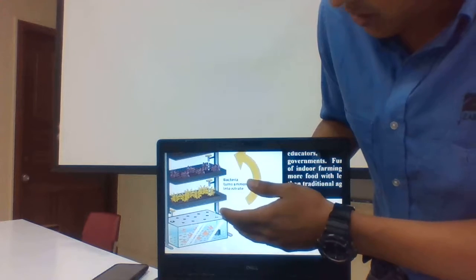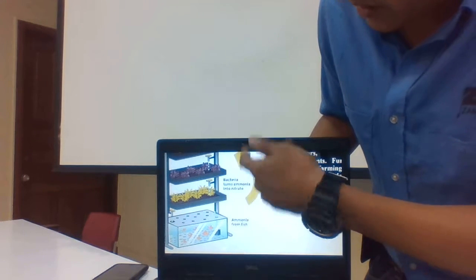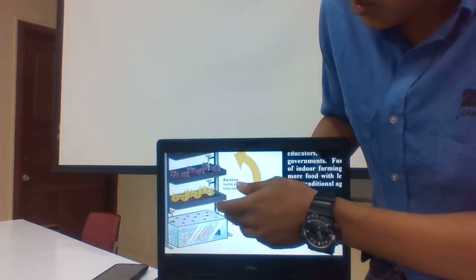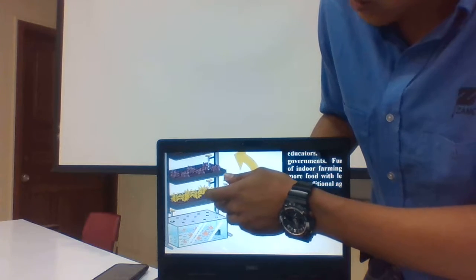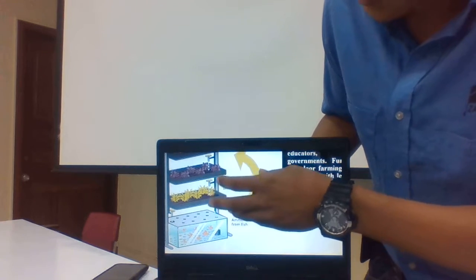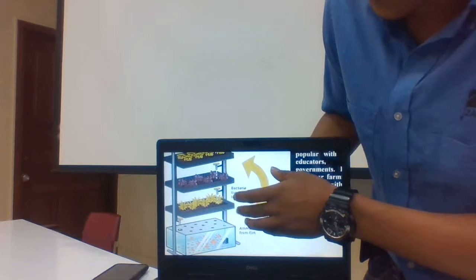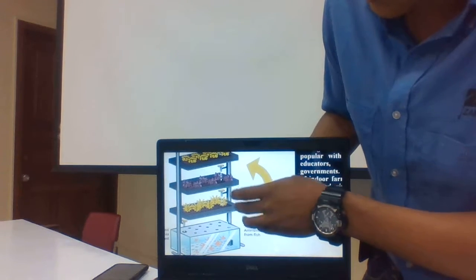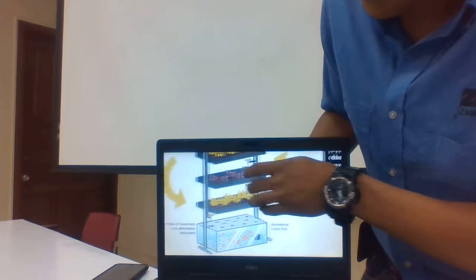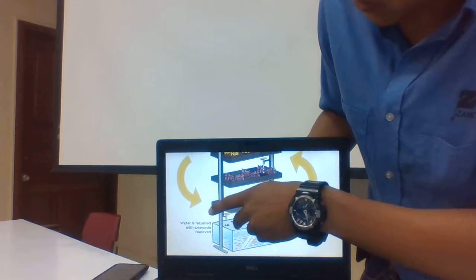This waste produces ammonia. But this water is reused in a process in which it is taken up to plants. Plants purify the water and take out the nutrients that the ammonia produces, and then this water returns another time to the aquarium.